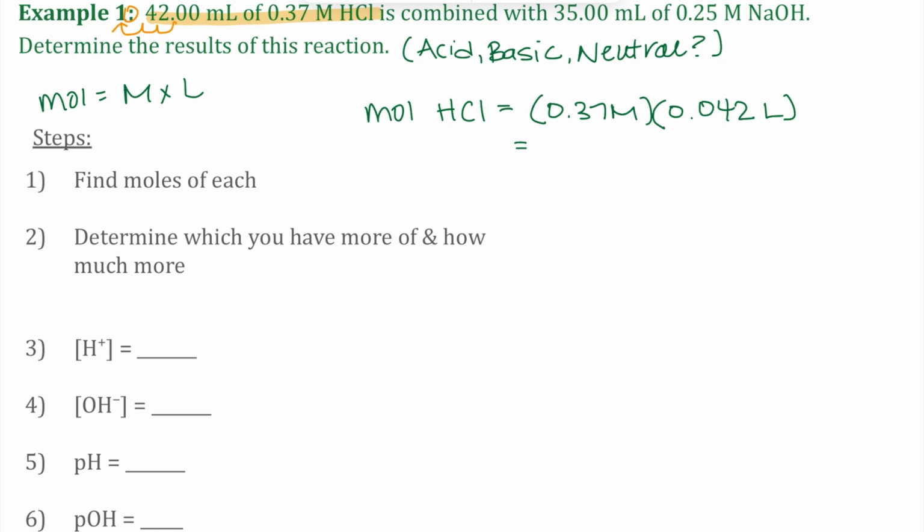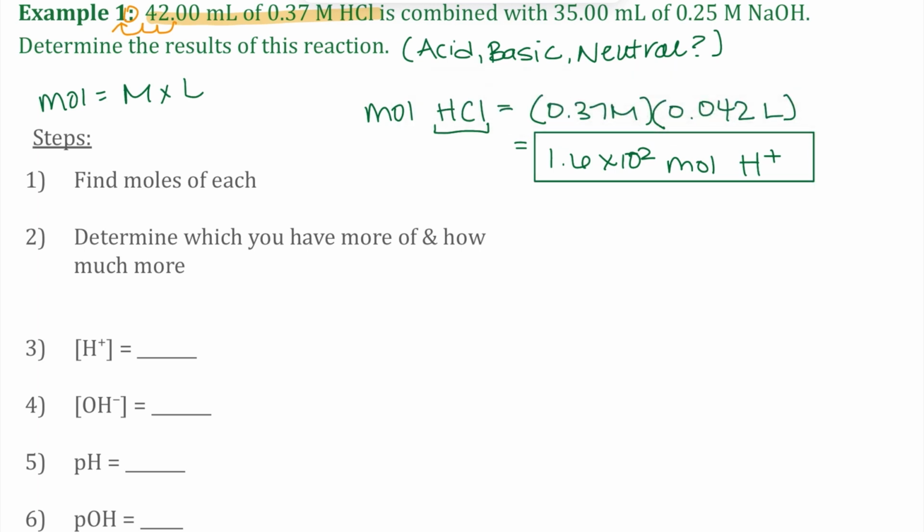All right, so then we get 1.6 times 10 to the negative 2 moles, and that is of our H+ ions, because that would be however many moles we have of our HCl, but we know that these are all going to break off 1, and so that is our moles of HCl, but then that also is our moles of H+.